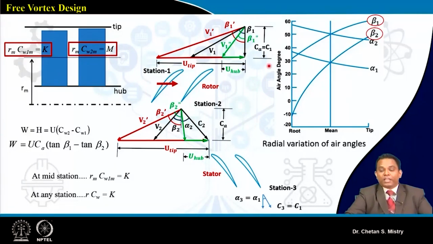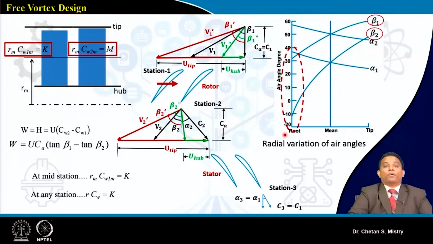And this is representing what is happening with my beta 1 and beta 2. In this particular region, this is the station at the hub where my delta beta is coming to be large, maybe in the range of 35 to 42 degrees. And near the tip region, my angle delta beta is coming to be lower.